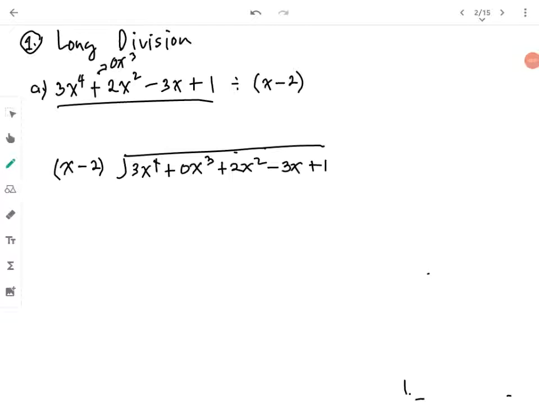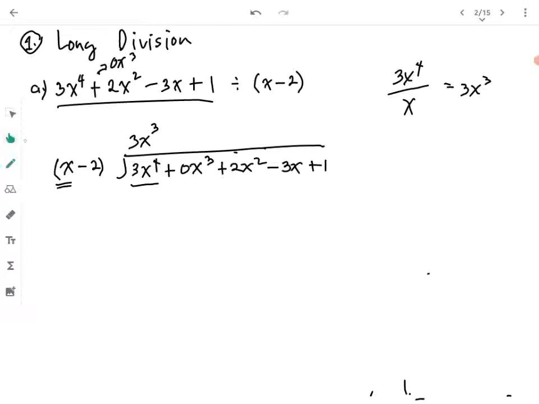So what we're going to do is divide only the first term of the dividend by the first term of the divisor. The first term of our dividend is 3x raised to 4, and the first term of our divisor is x. If we divide that, we will have 3x cubed. So we will write our 3x cubed on top. It's just the usual long division.